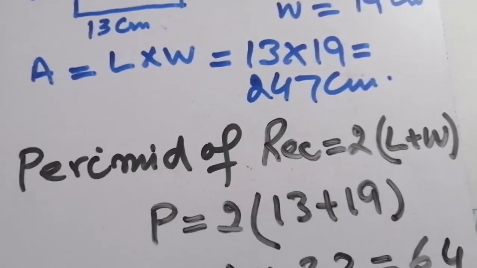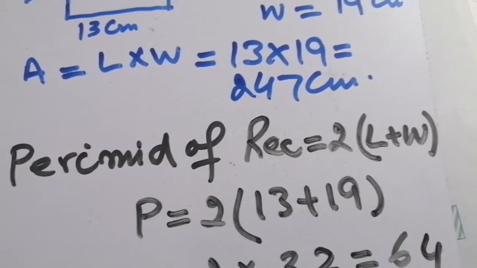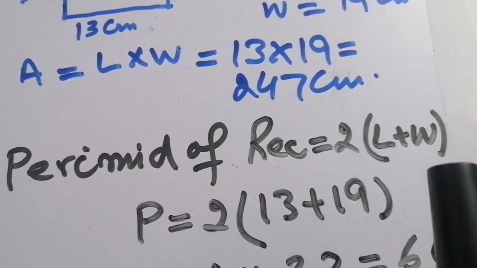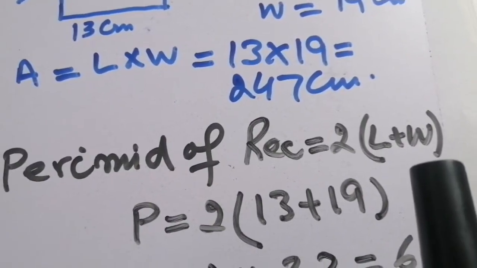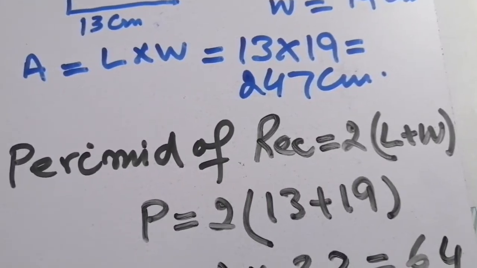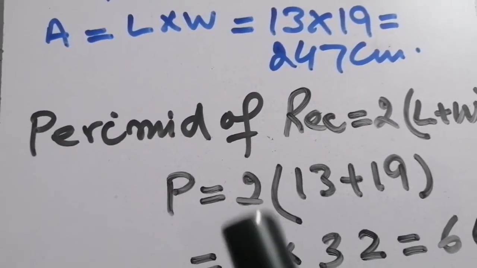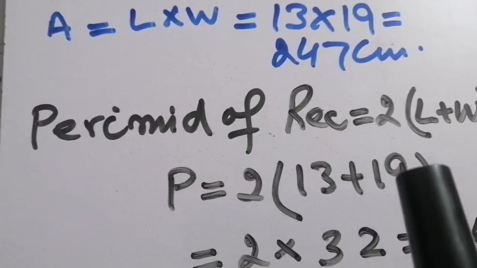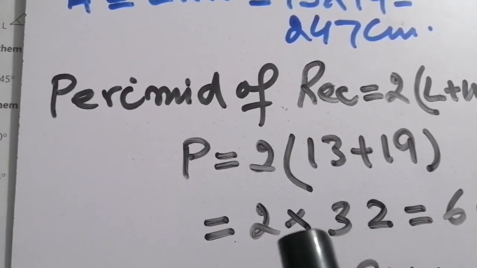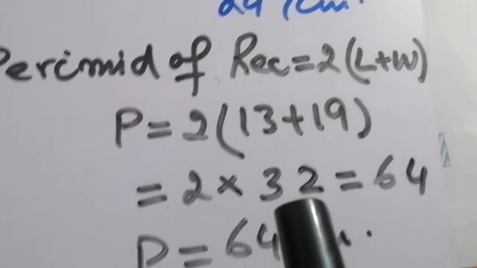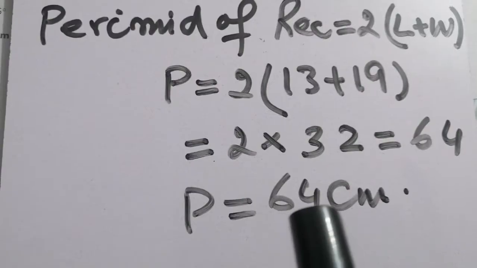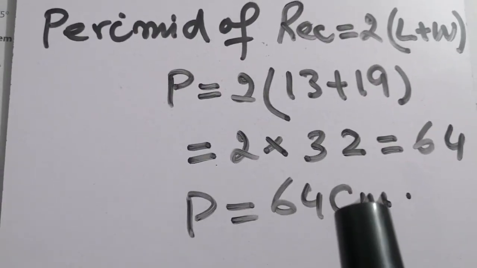In the same way, perimeter of a rectangle is equal to 2 into length plus width. So 2 length plus 2 width is the perimeter of a rectangle. So P is equal to 2 into 13 plus 19. Its addition will be 32, multiplied by 2 is 64. So perimeter will be 64 centimeters.